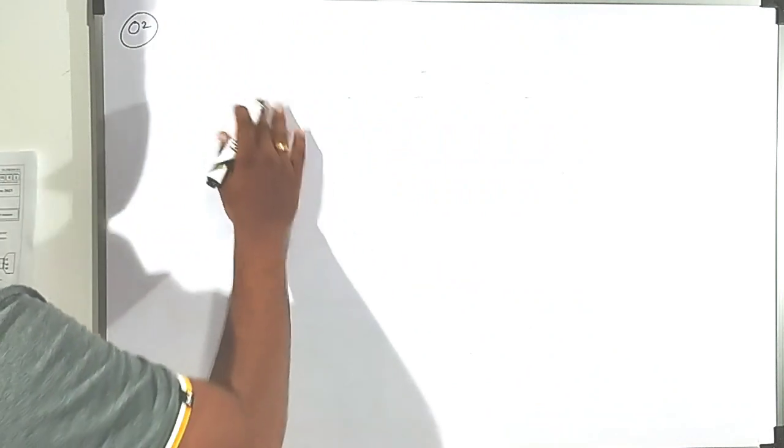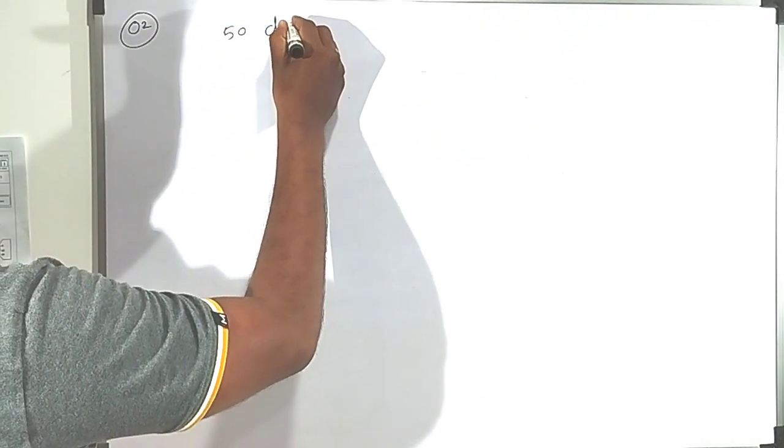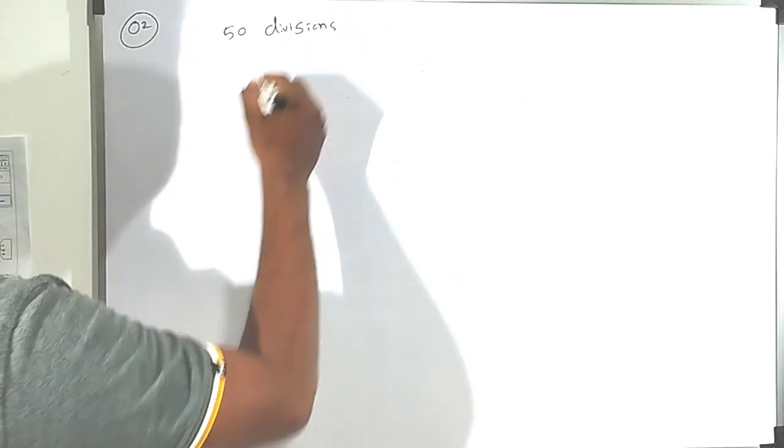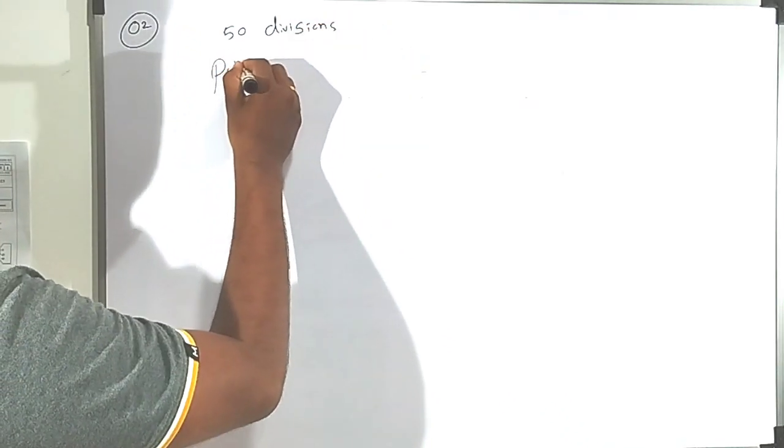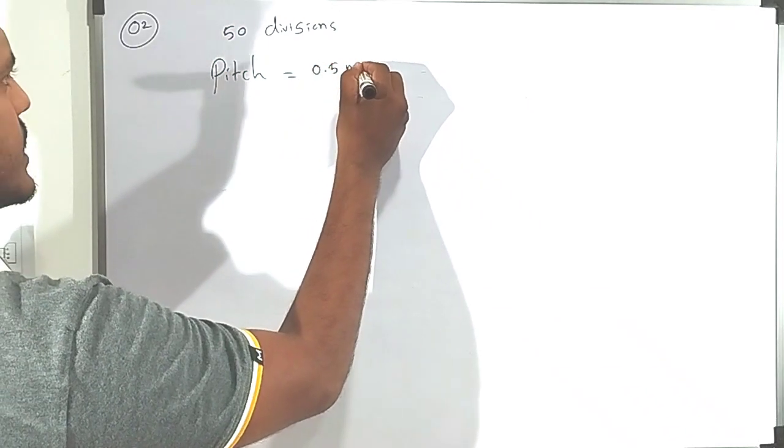Here it is shown that the total number of circular scale divisions will be 50 divisions. The pitch equals 0.5 millimeters.